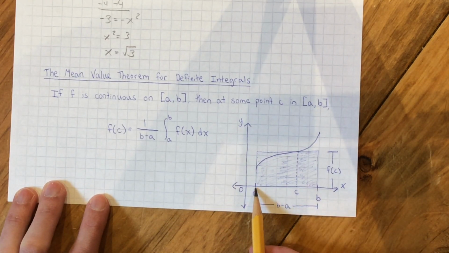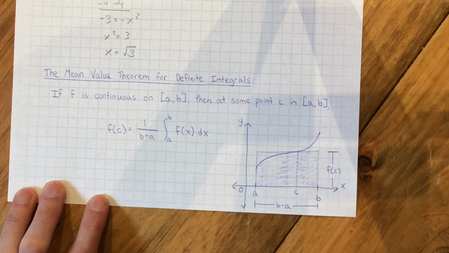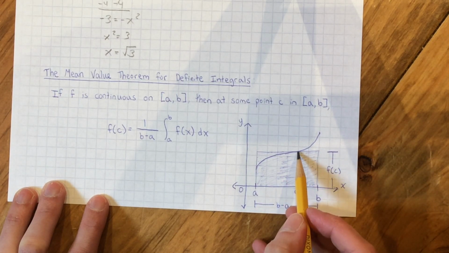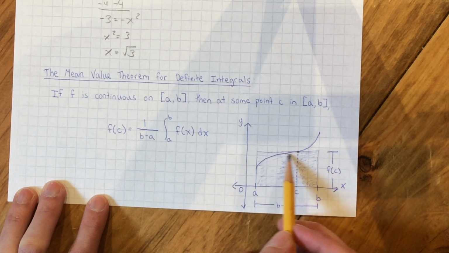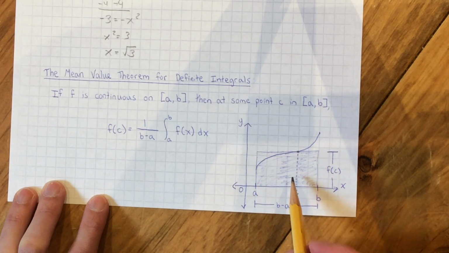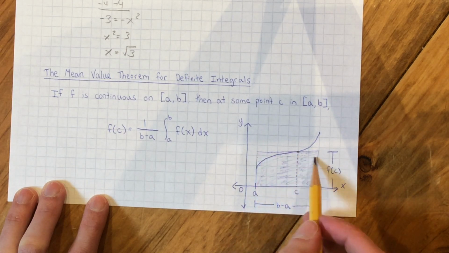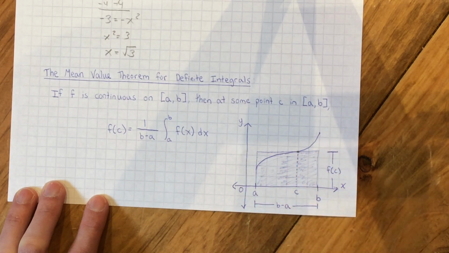If we have a closed interval from a to b, so here's some function f of x, the distance from a to b is b minus a, some value f of c, which would be right here, so there's our c value, does lie within the function. So the average value of this function is f of c, which will lie within the two bounds. And that is our mean value theorem.